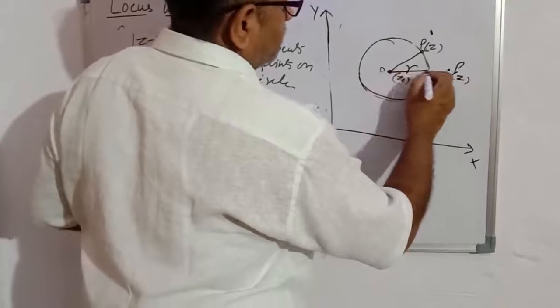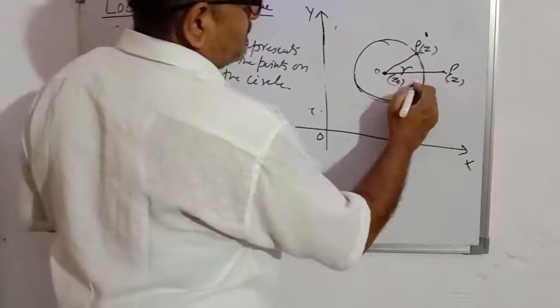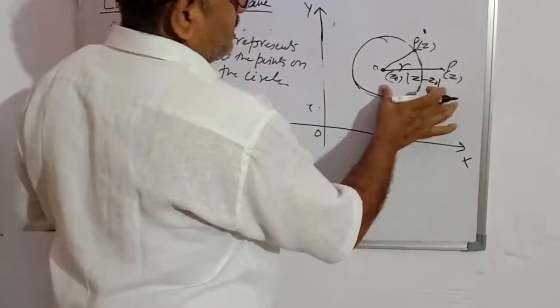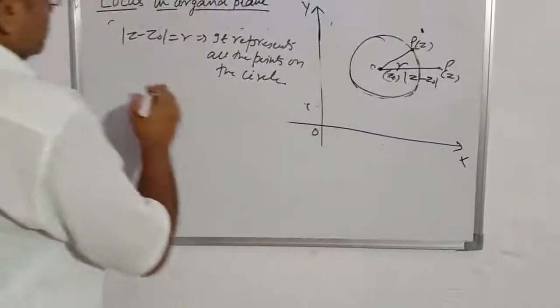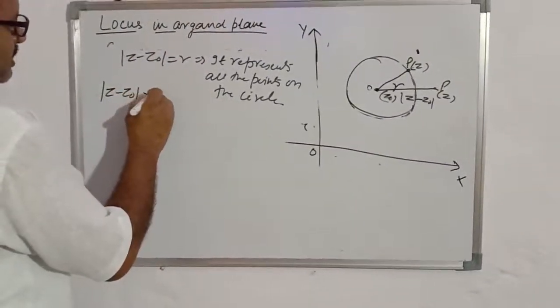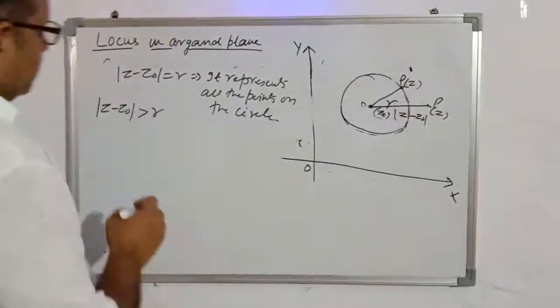In that case, what will be mod z minus z0? OP. OP means mod of z minus z0. It will be greater than the radius. Mod z minus z0 will be greater than r if P lies outside the circle.